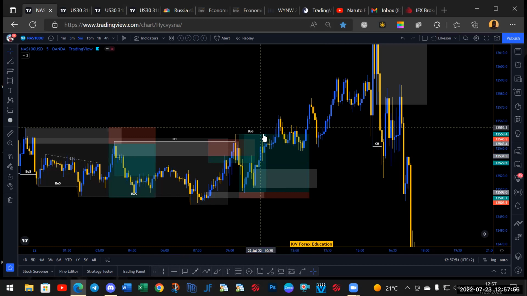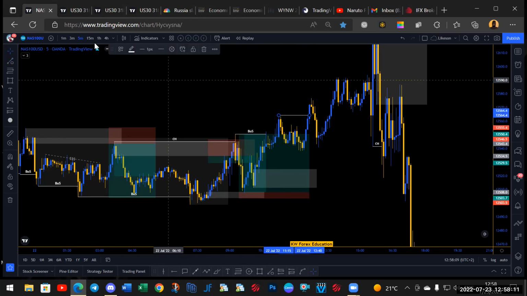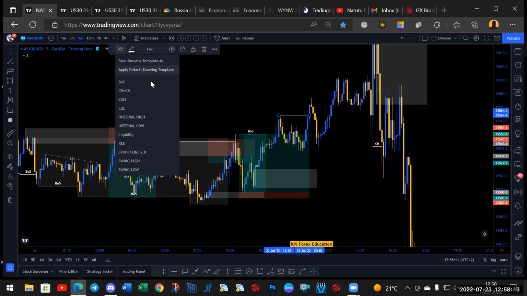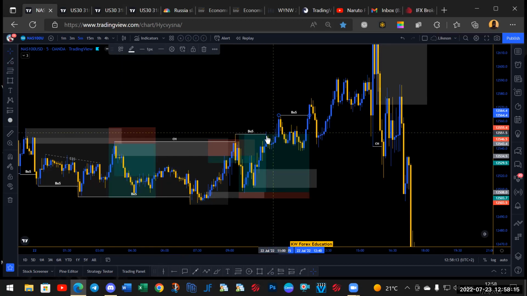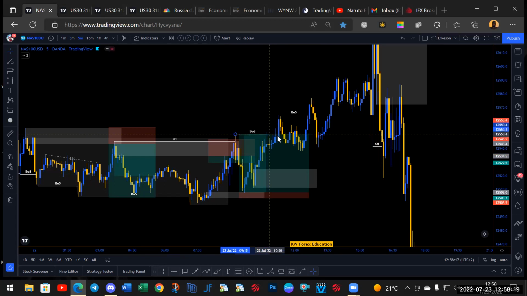And then after price broke there, price went on and caused another break of structure. You see, this one here was just a wick out. With a break of structure, we need to see at least a candle close, right?